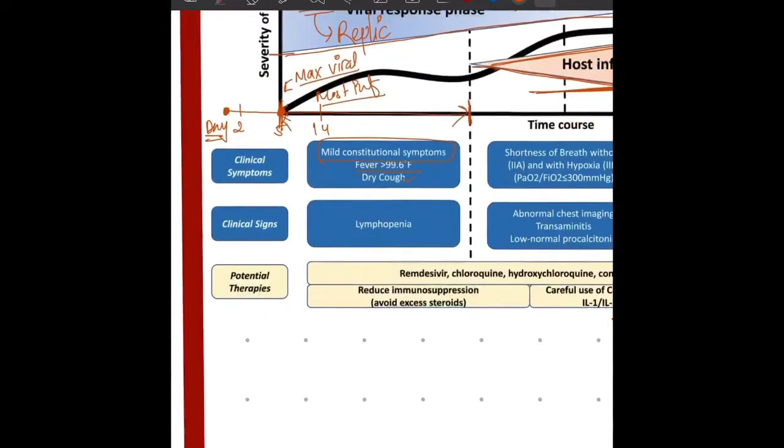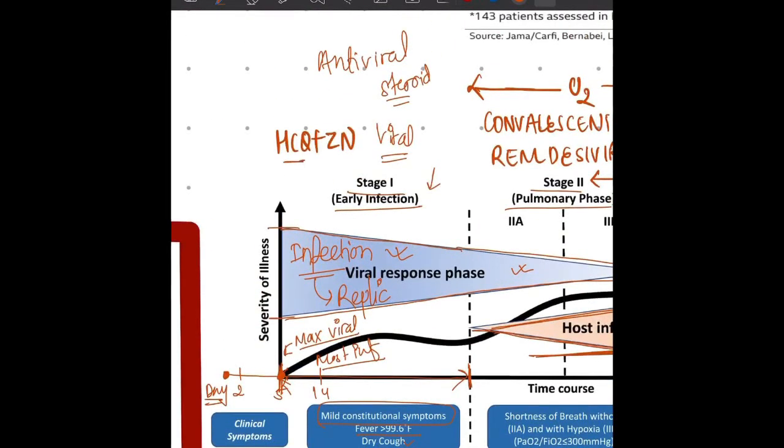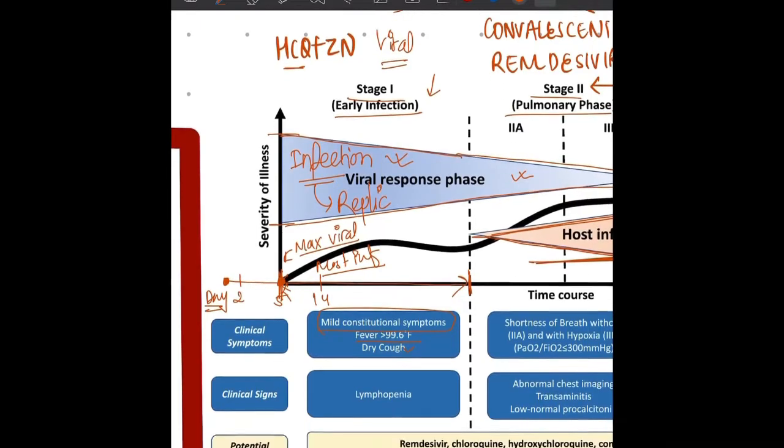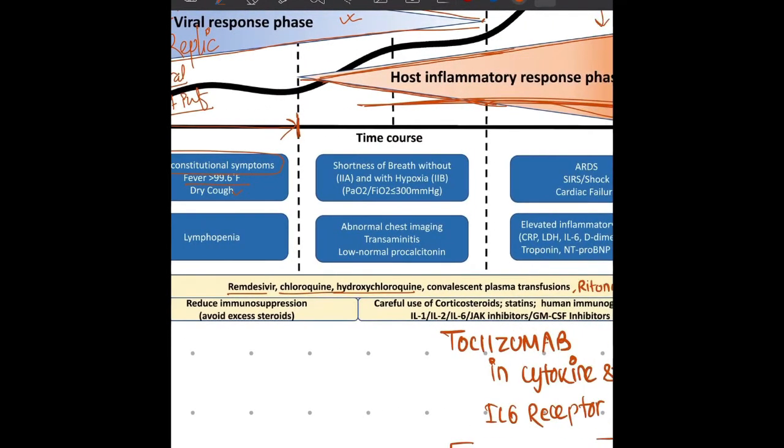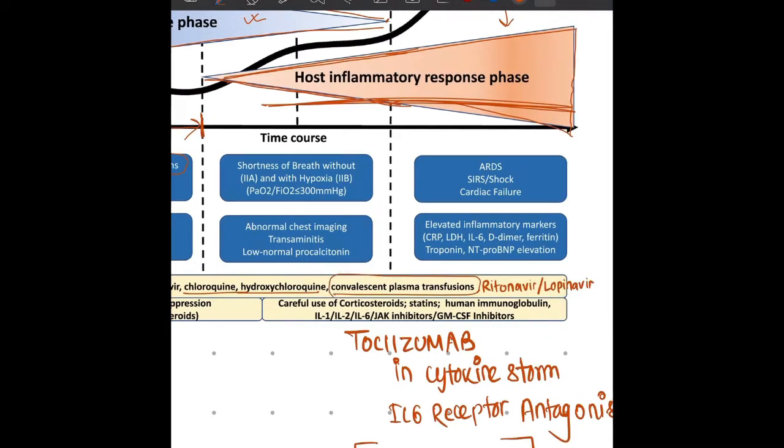And hence the treatment is antivirals like remdesivir or hydroxychloroquine, which prevents the fusion of the virus with the host cell. So hydroxychloroquine, chloroquine, as well as convalescent plasma transfusion.